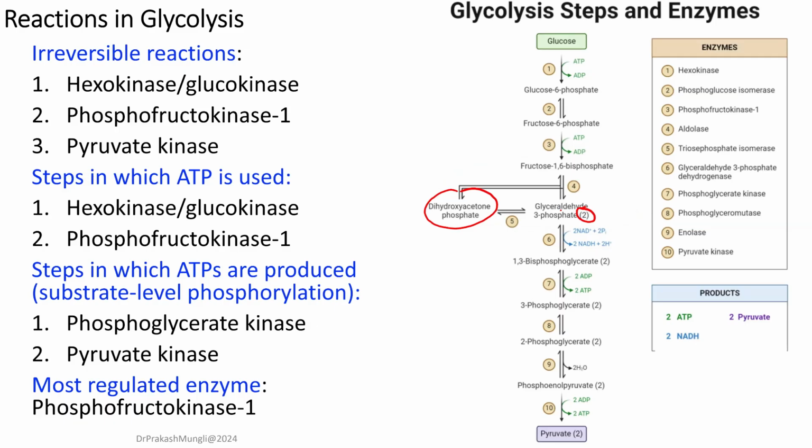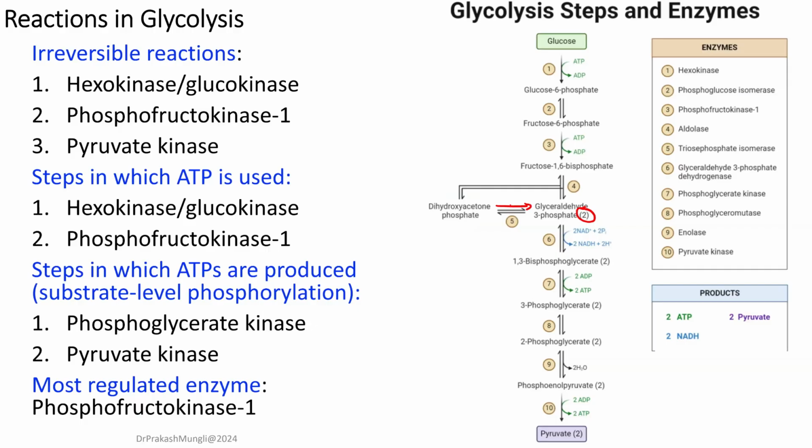The meaning of this is the dihydroxyacetone phosphate, which is made after breaking fructose 1,6-bisphosphate, is in fact converted into glyceraldehyde 3-phosphate, making 2 such molecules. One, originally you get glyceraldehyde 3-phosphate.